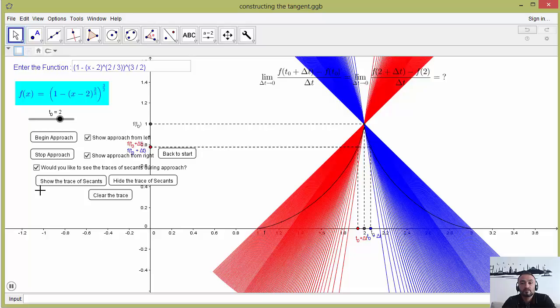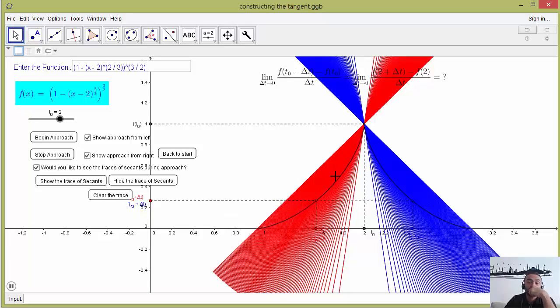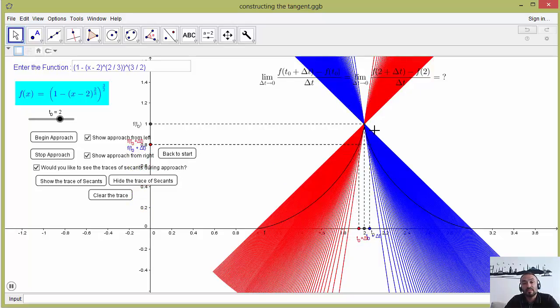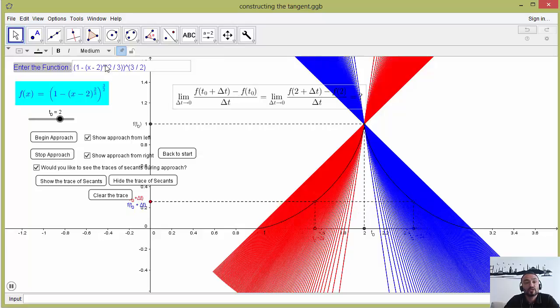Yes, you can say that the trace of left secants and right secants doesn't meet in this case. So this limit doesn't exist for this function at the point 2. So this function isn't differentiable at 2.